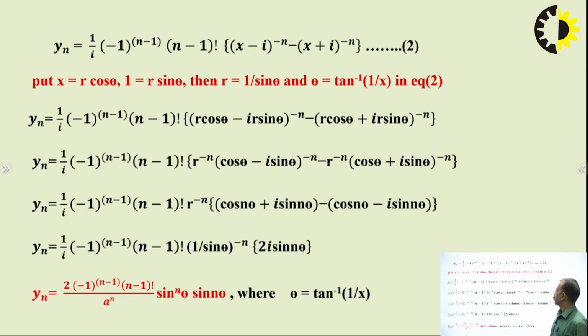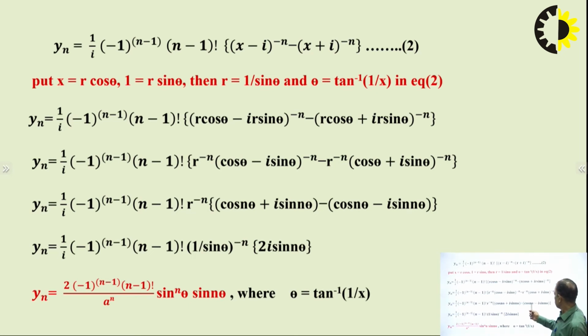Taking r raised to the power minus n common, yn is 1 upon i into minus 1 raised to the power n minus 1 factorial r raised to the power minus n into (cos theta minus i sin theta) raised to the power minus n minus (cos theta plus i sin theta) raised to the power minus n. Using de Moivre's theorem, yn is 1 upon i into minus 1 raised to the power n minus 1 factorial r raised to the power minus n into (cos n theta plus i sin n theta minus cos n theta minus i sin n theta).